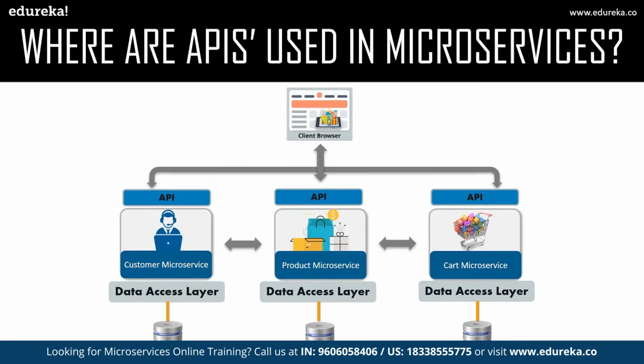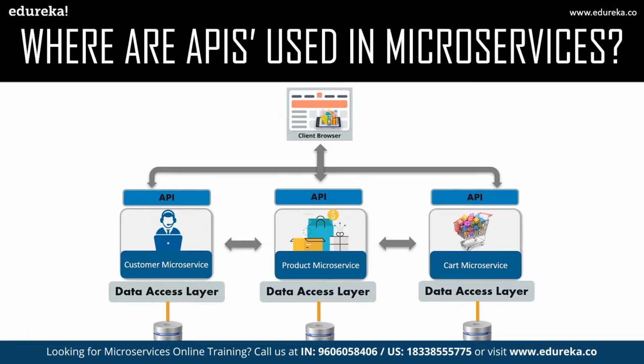And for each microservice, there's a separate API, right? So the customer microservice will have a specific API, its data access layer and database. Similarly for the product microservice and the cart microservice. Now, it's not necessary that there's a single database for each and every microservice. It may also happen that 2 or 3 microservices share a common database through which the data is retrieved, right?